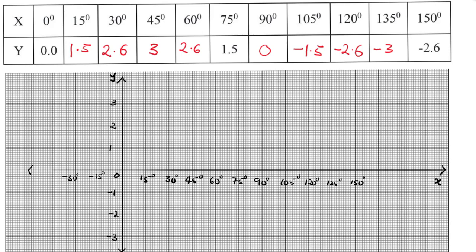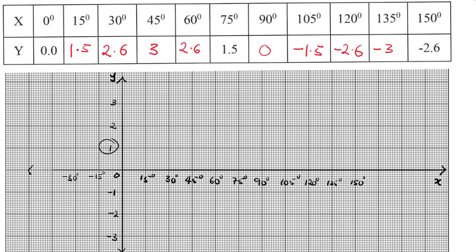In plotting this graph, it is very important for us to know the value of the small boxes in between the big boxes. Knowing the small boxes will go a long way. It will help us a lot. So in order to know the value of each small box on the y-axis, we're going to use the first value, which is 1 here, divided by the number of small boxes in between the big boxes.